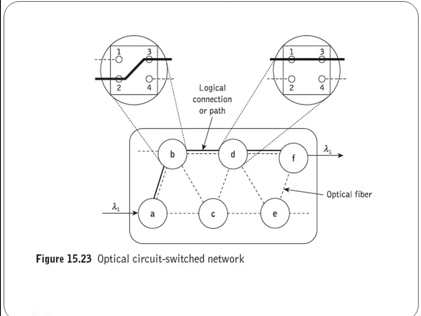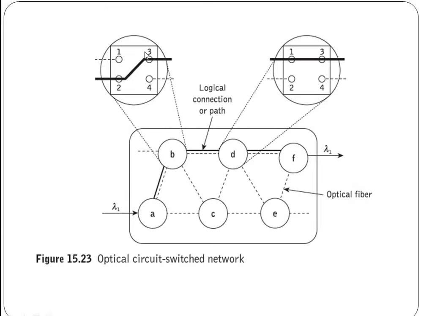This particular optical switch is shown here in node B and node D. For example, here is a 2x2 optical switch at node B. It enables a cross connection using ports 2 and 3, whereas node D employs a direct connection for ports 1 and 3.